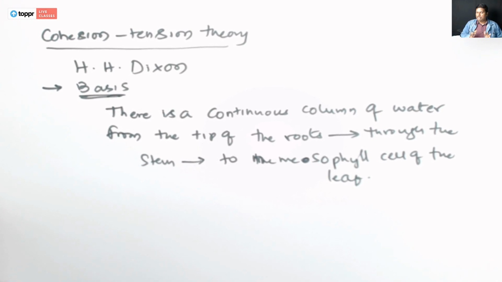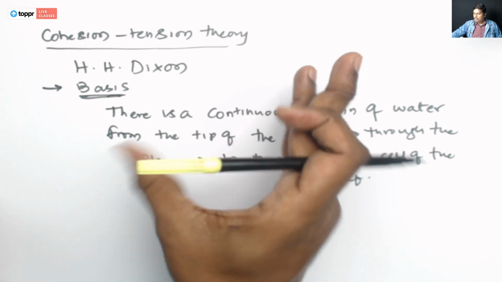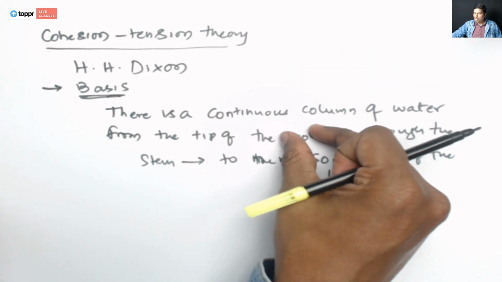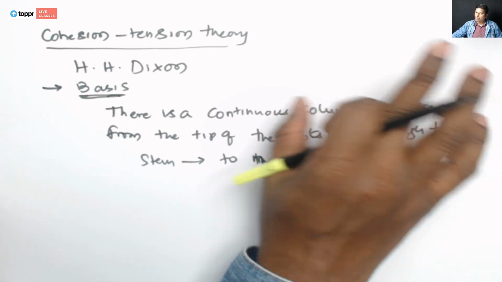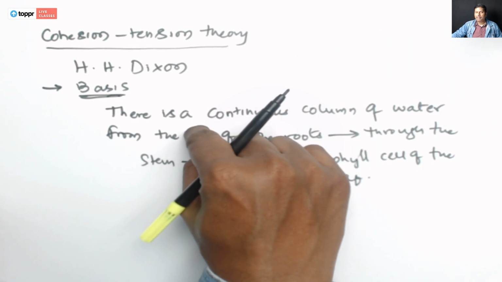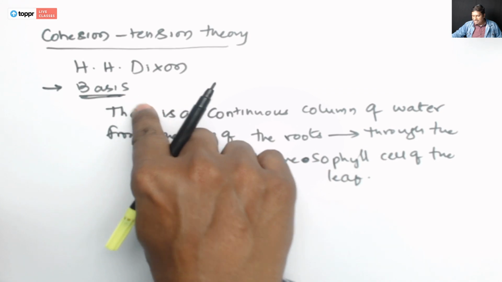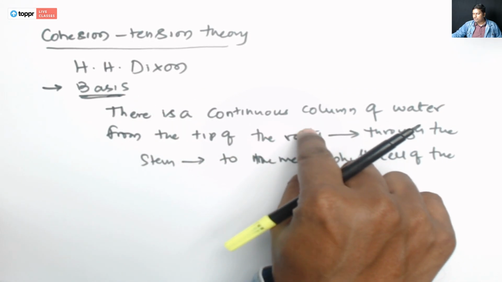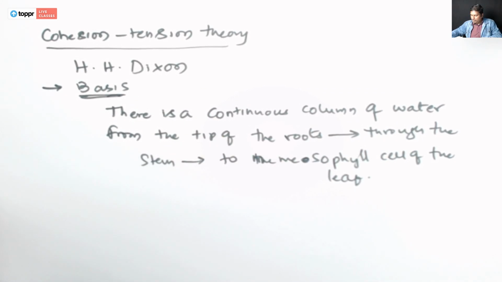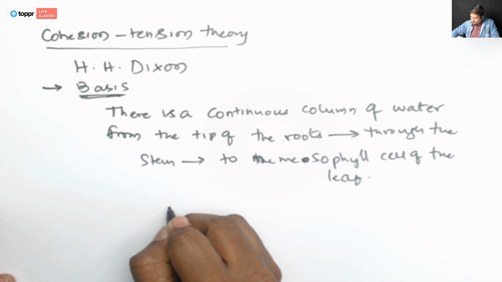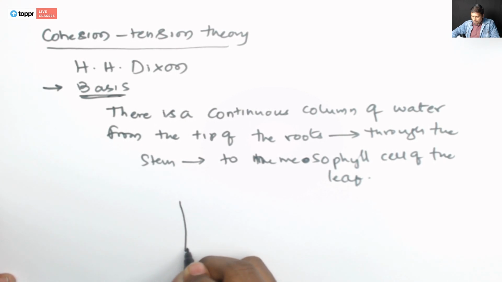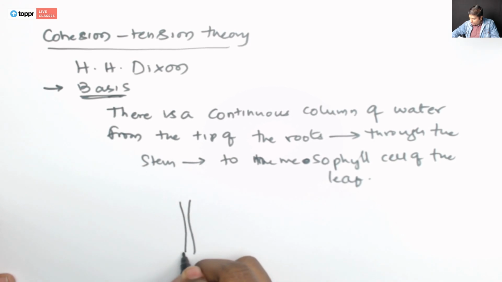So assuming this, this theory was explained. It was not proved at that point of time, but this assumption was made and this proposal was done. So what it essentially means is, if you take a big tall plant, and let's say these are the roots.